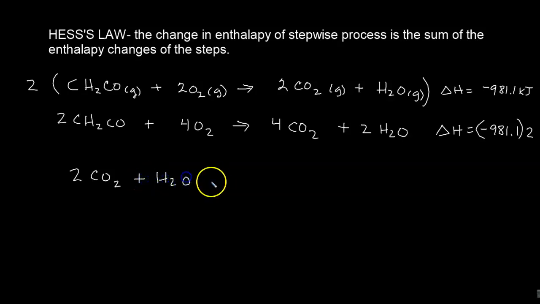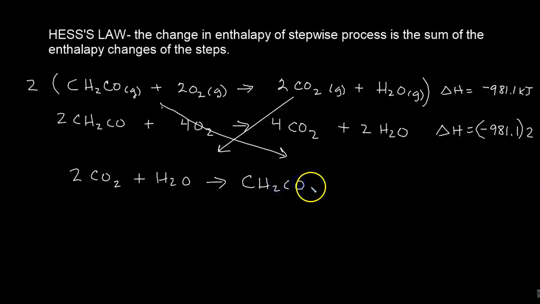They are now on my reactant side, and my reactants are going to go to my product side. When I flip these, because my products became my reactants, what I have to do to my heat of reaction is change the sign. So now it will become a positive instead of a negative.